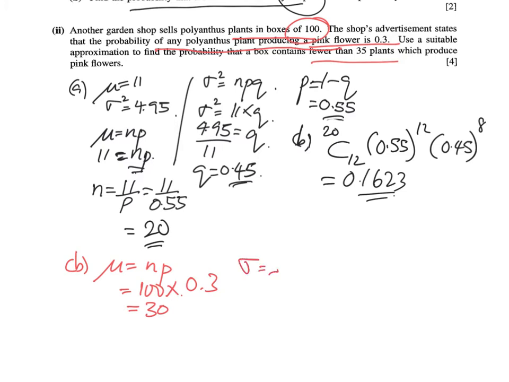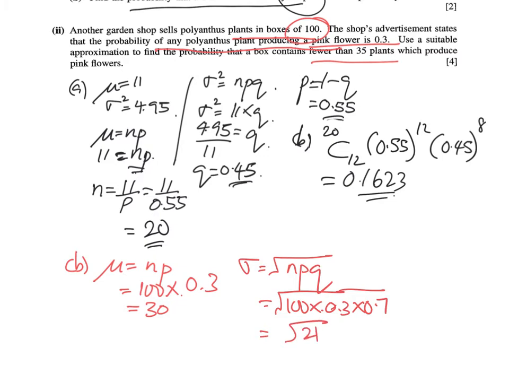Once we have mu, I can find the standard deviation. The standard deviation is the square root of npq. In this case n is 100 and p is 0.3, so q should be 0.7. Let's multiply: 100 times 0.3 is 30, and 30 times 0.7 is 21. So the square root of 21 is our standard deviation.